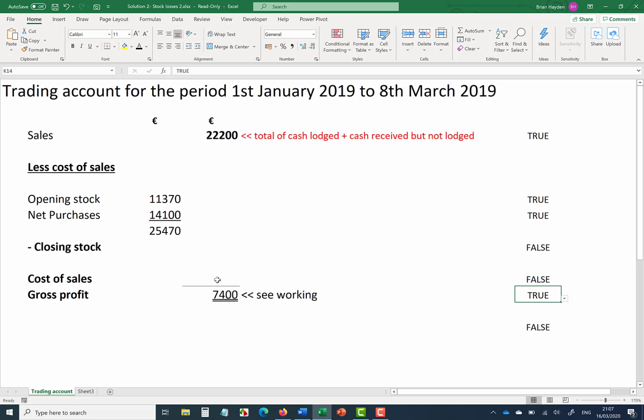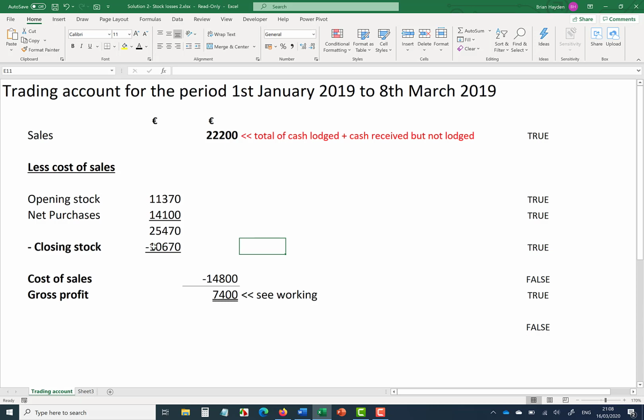And if I know that the profit is 7,400, sales minus cost of sales equals 7,400, so this must be 14,800. This number minus that number will give us 7,400. And this number is this minus closing stock. So you can again work out that the closing stock value must be 10,670.